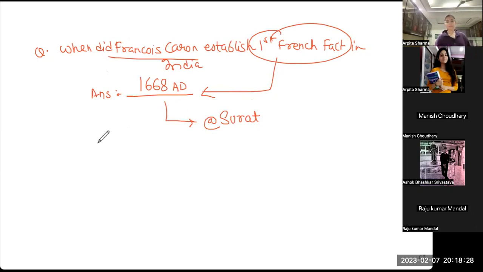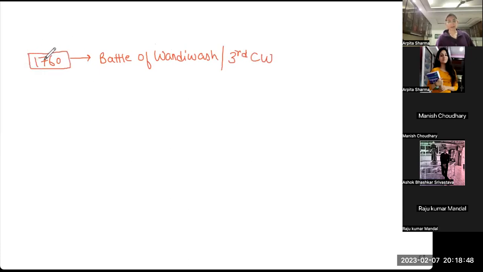Now it is said that the French basically were the rivals of the Britishers. But during 1760, there was a huge battle which is known as the Third Carnatic Battle or War, or the Battle of Wandiwash. It is said that after this battle, the French were defeated and they lost their control in India.